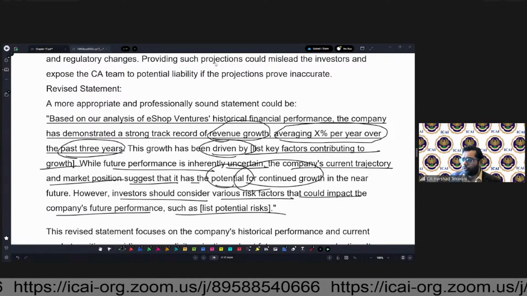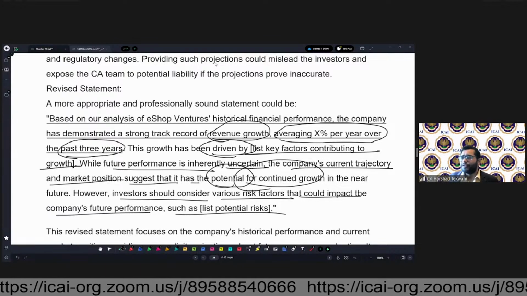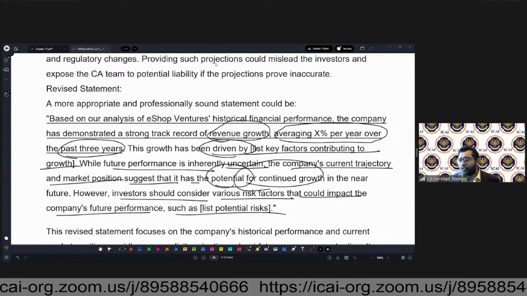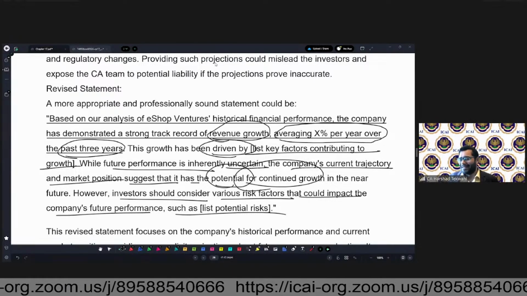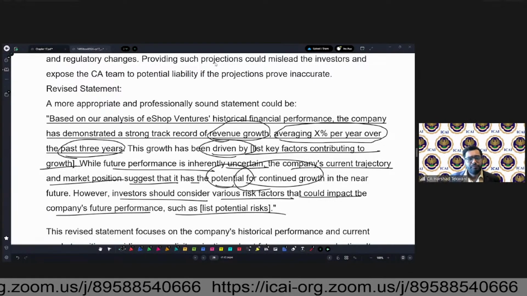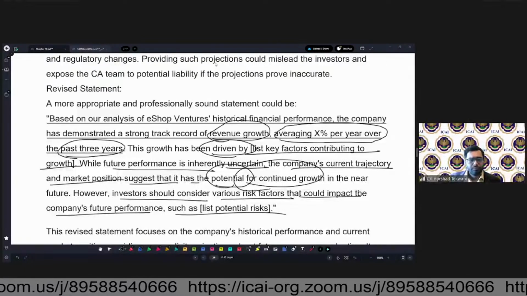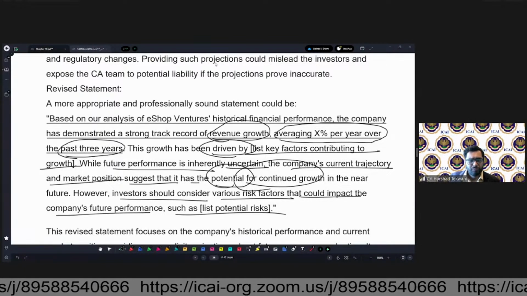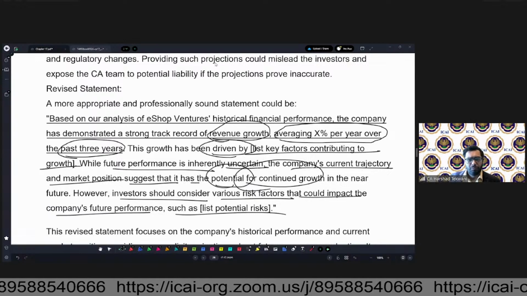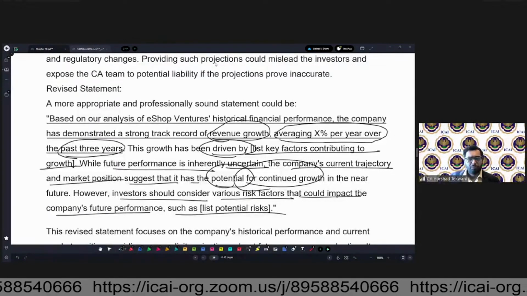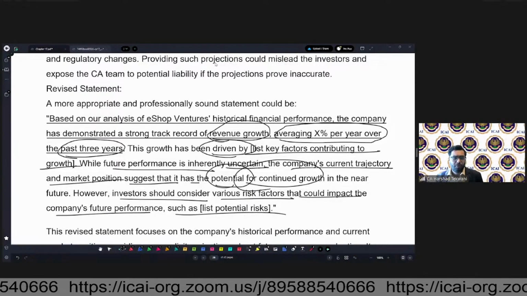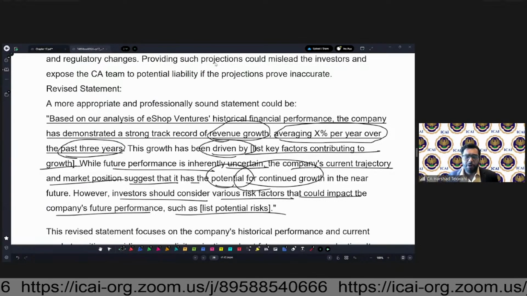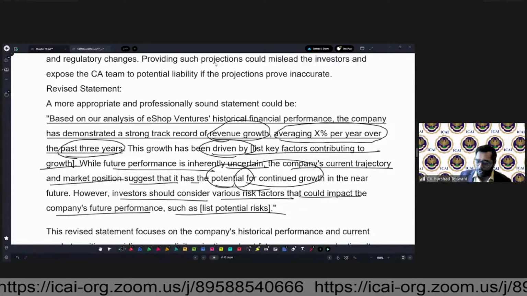So that totally depends upon the scope of the investigation, whether to put reliance or not.